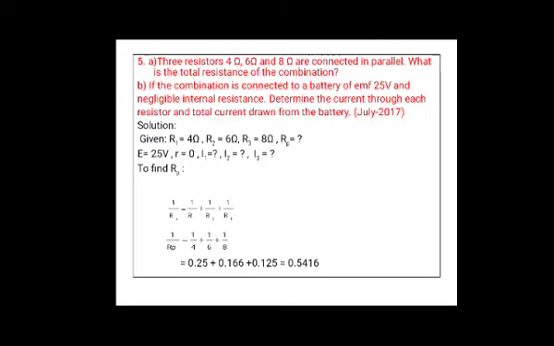Now let us take the next one. This problem was asked in July 2017. Three resistors 4 ohm, 6 ohm and 8 ohm are connected in parallel. Now, parallel combination. What is the total resistance of the combination? Means RP you have to calculate.